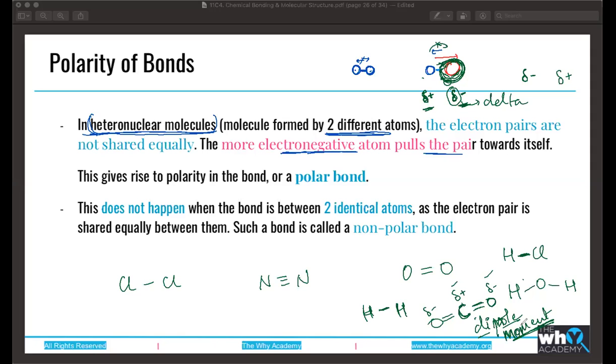This quantity, dipole, is the moment. Related to mass, you have moment of inertia. Because this is related to charge separation between two oppositely charged ends, this quantity is called the dipole moment.